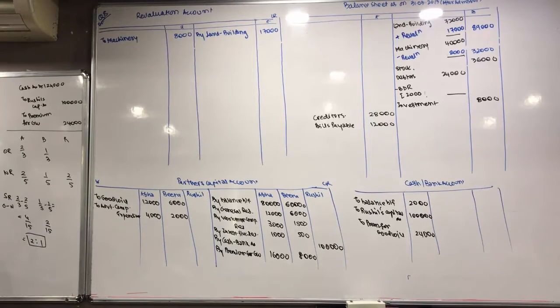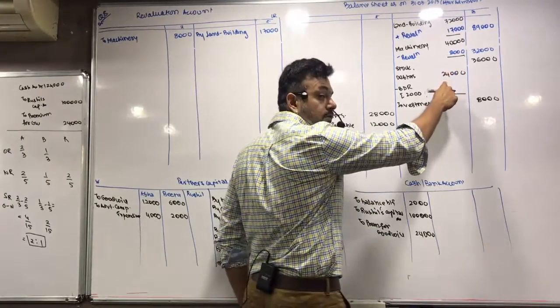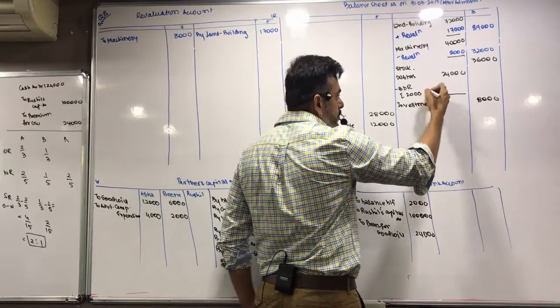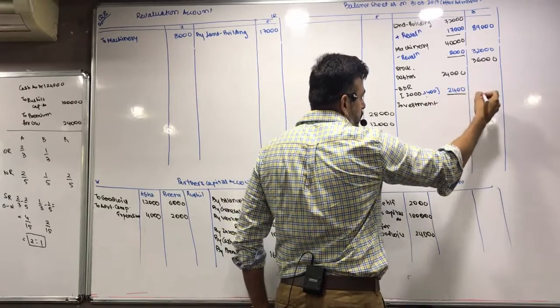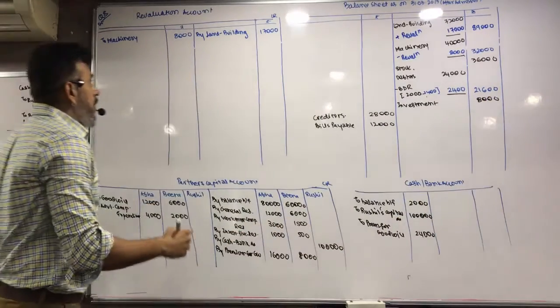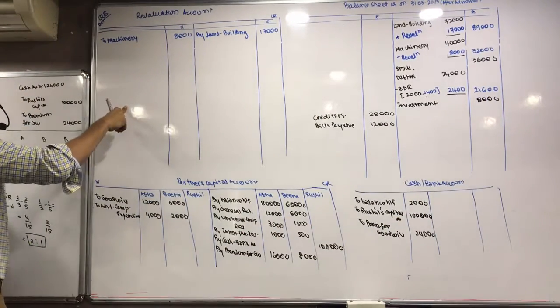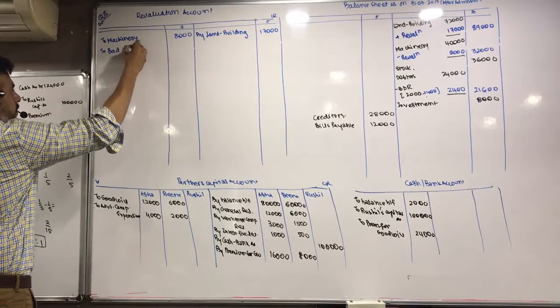Provision for bad debt is to be kept at 10% on debtors. Now 10% is 2,400. Already 2,000 is there, so plus 400. So 2,400, 21,600. How much will be recorded in revaluation account? Only 400 to bad debt reserve.